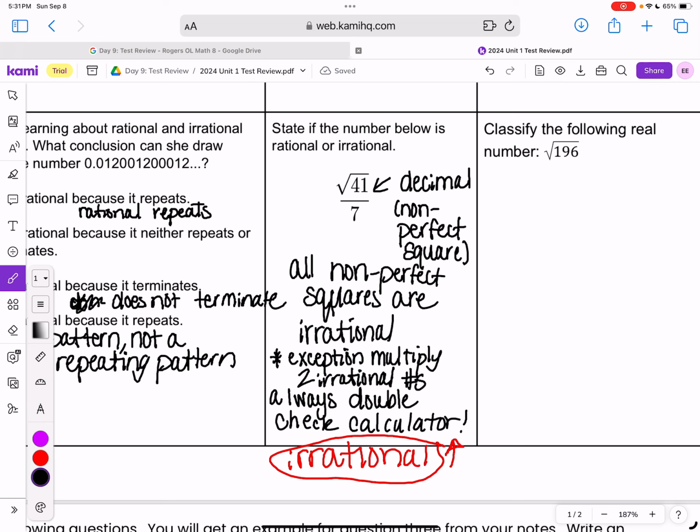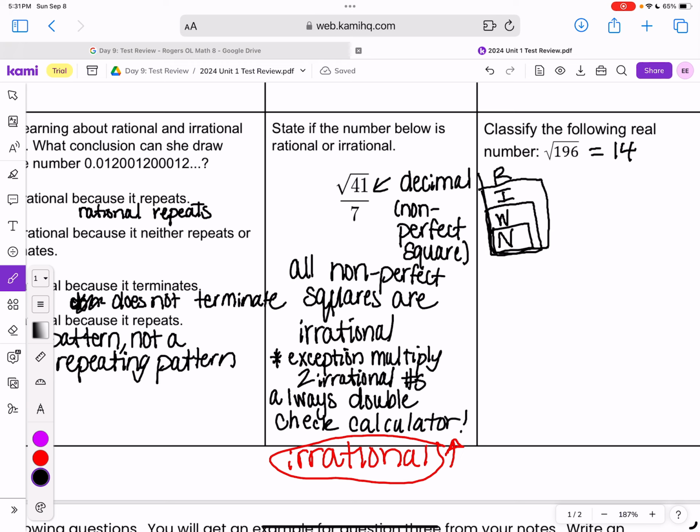Remember the order. We have natural, whole, and then integer, and then rational, and then all of them are real.